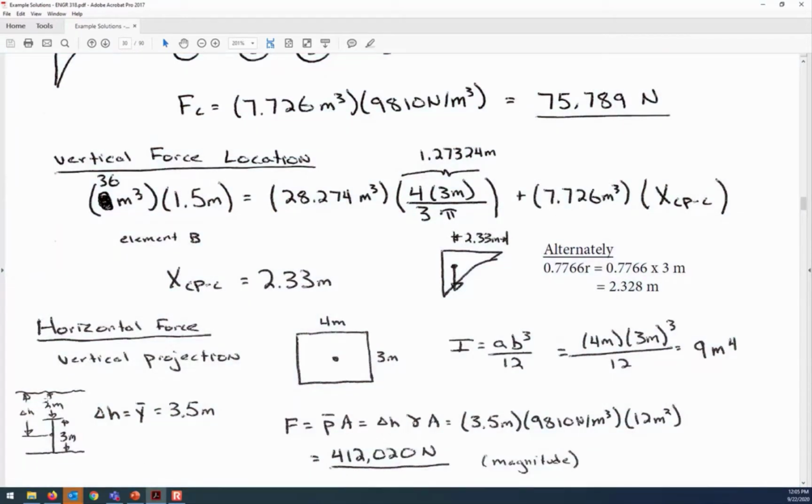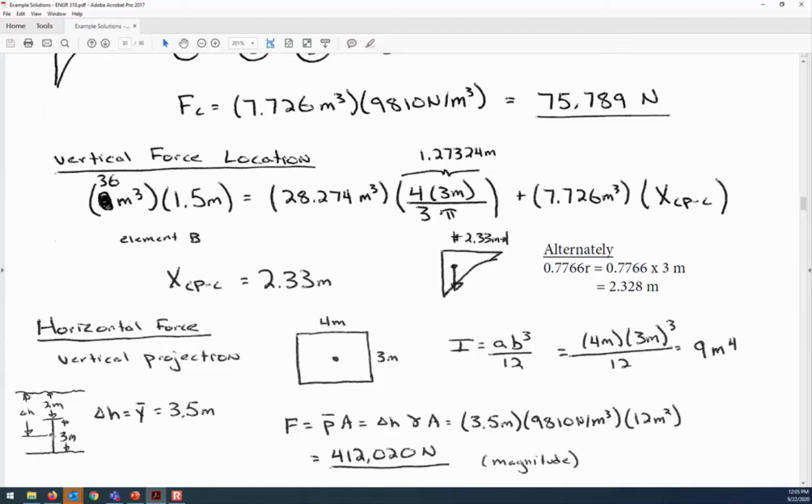The little sketch to the left illustrates it: it's 2 meters from the water surface to the top of the projected gate, and then half the distance of the projected gate from the top to the center of area. So the magnitude of the force is 412,000 newtons.